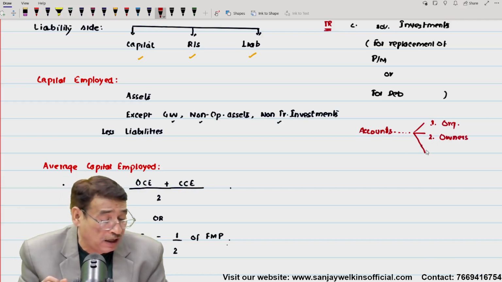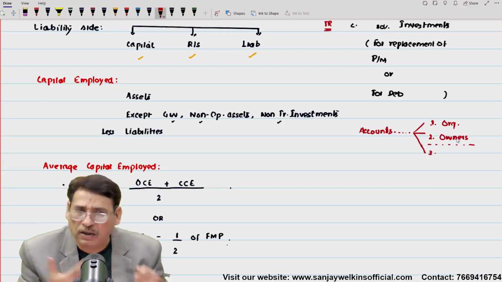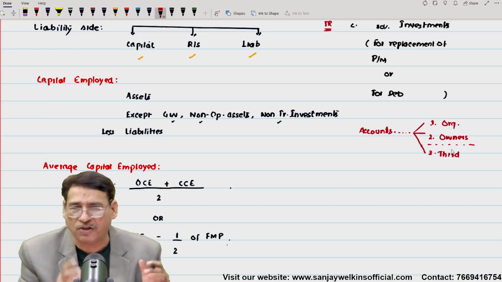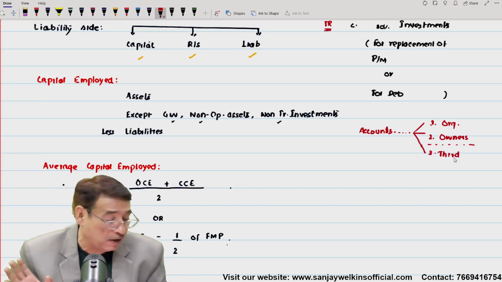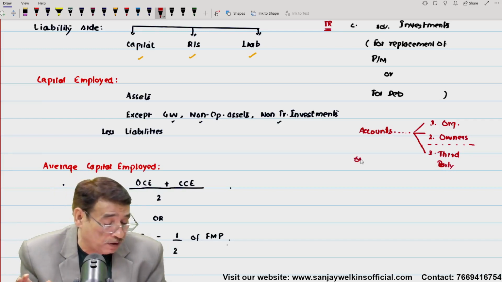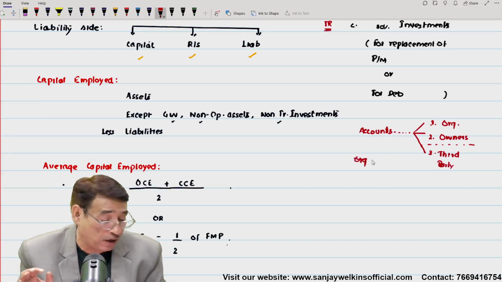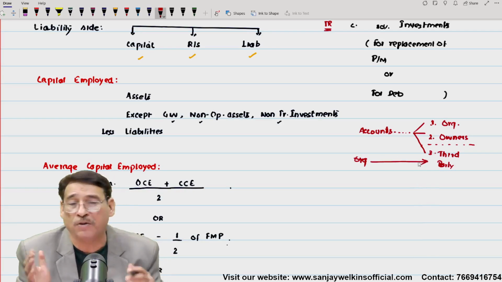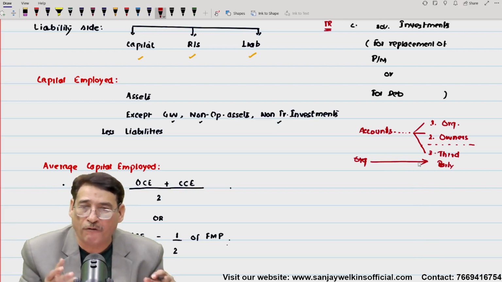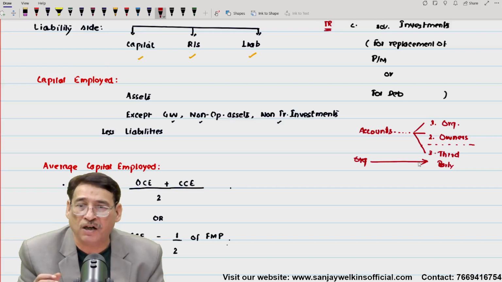And all the other parties besides these two are known as third party or external parties. Debtors, creditors, customers, clients, suppliers, all these are known as third party. So whatever amount is owed by the organization or entity to the third party is known as liability. If somebody asks you what is liability, you should be in a position to give a very impressive answer. Is it clear to you?